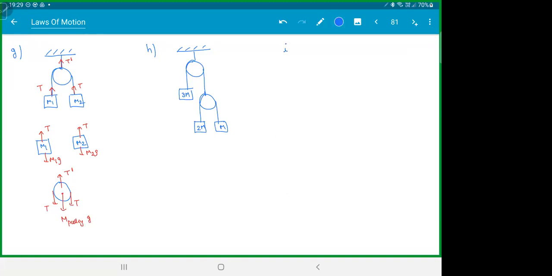Generally, just do the FBD of the blocks. Don't draw for pulleys; I'm just showing you.